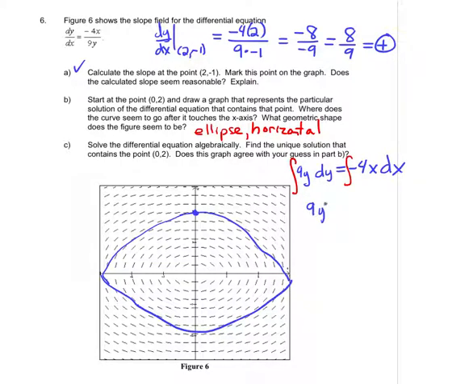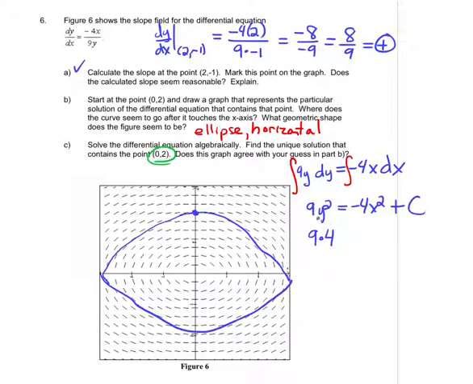So there we go. Alright, I'm going to plug in my initial condition, which is this, right? So let's see what we get. That's 9 times 4. Oh, did I make a mistake? I think I did. I don't think I integrated correctly.